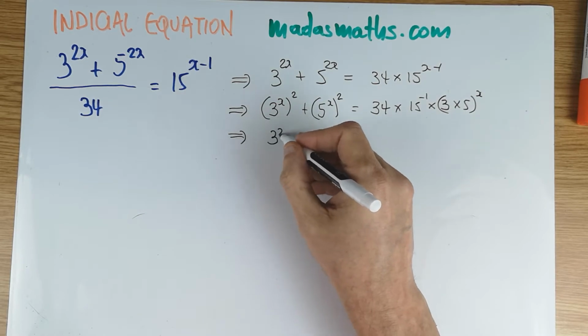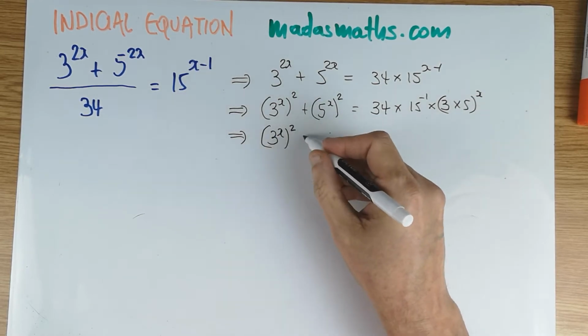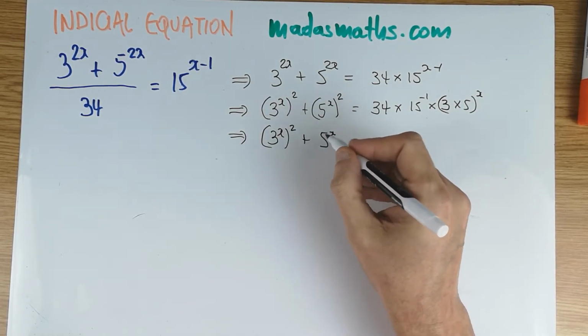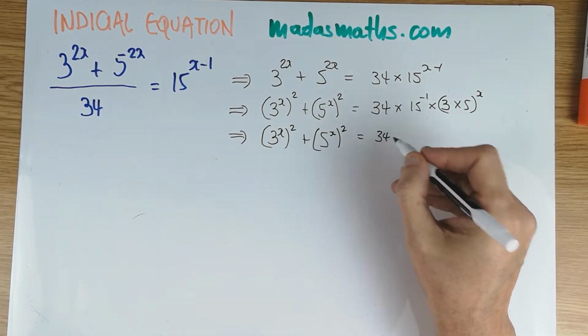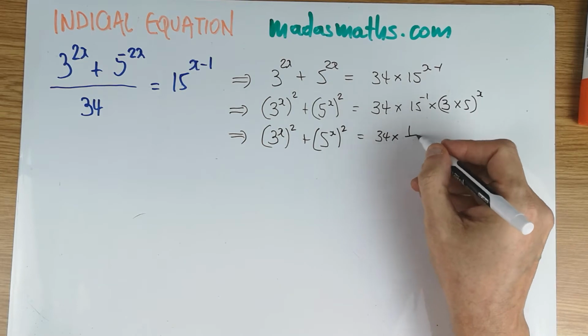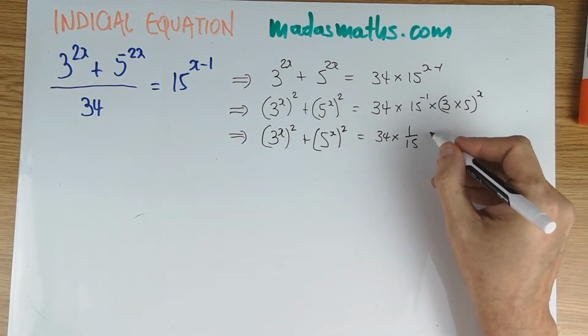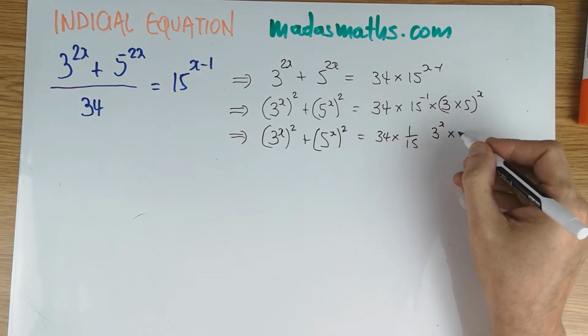And this now produces something which might be getting us somewhere. This is going to be times 1 over 15, of course, and this we can write as 3 to the x times 5 to the x.